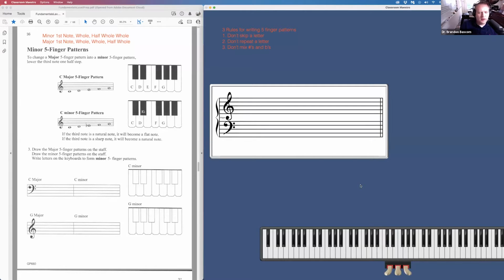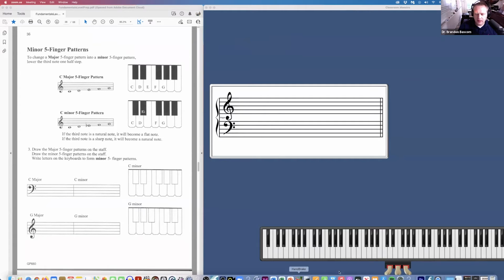So that's just another way of finding your answer or checking your answer. Okay, so on this page, we're writing out C major and C minor. And we're also writing out G major and G minor. Don't forget to double check your clefs. Bass clef there, treble clef there. And that is page 36.